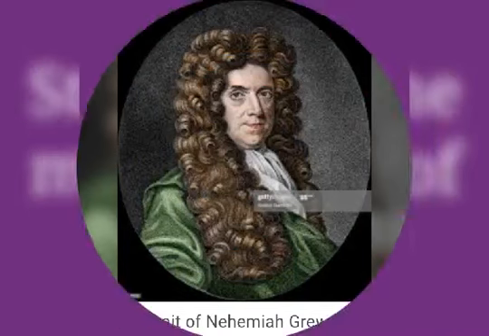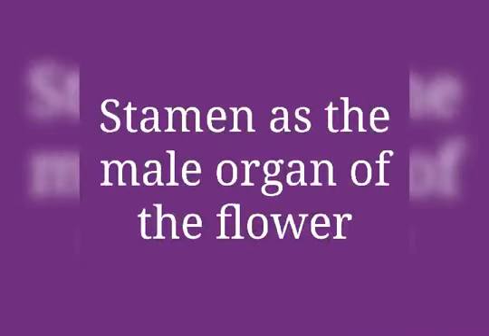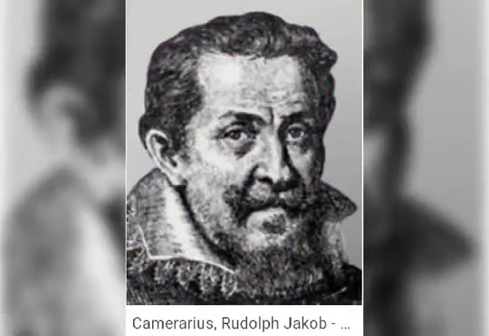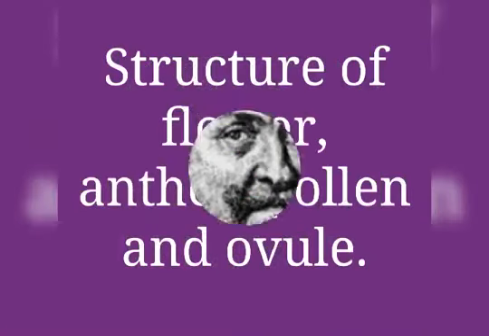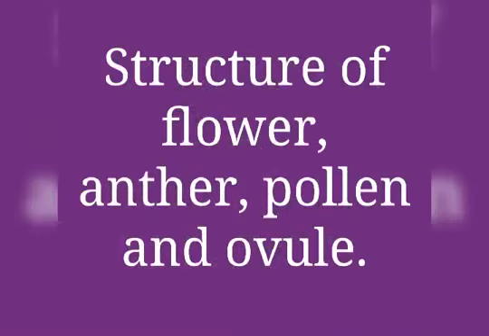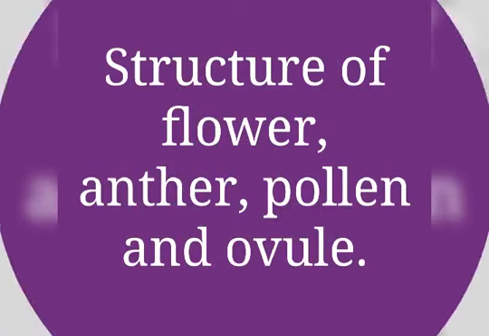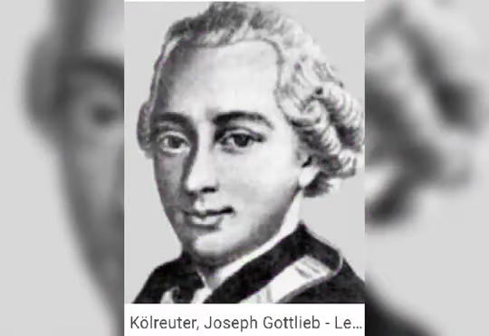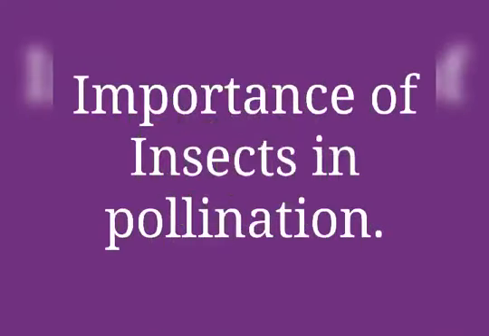He described the structure of flower, anther, pollen and the ovule. Third one is J.G. Koelreuter, who gave a detailed account of the importance of insects in pollination. The next one is G.B. Amici. He discovered the pollen tube.